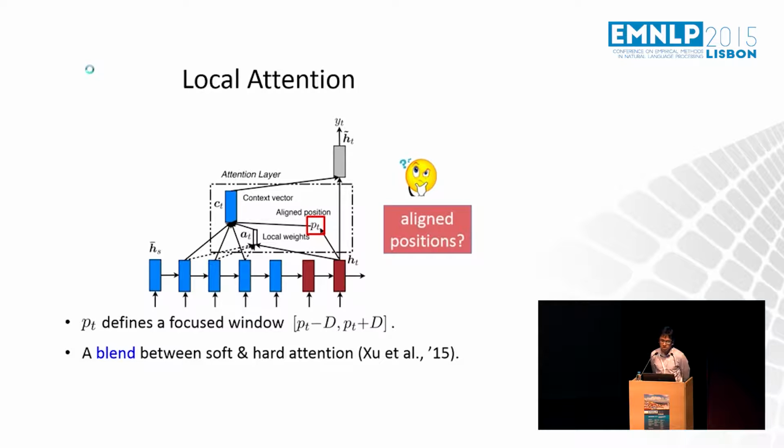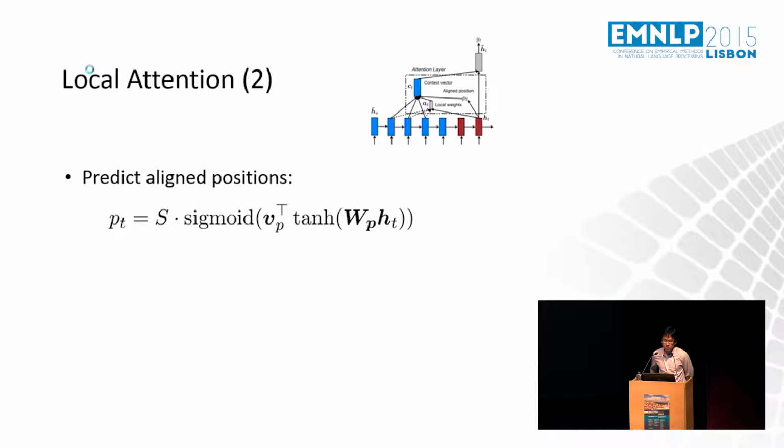So some of you might wonder, how do we get the aligned position PT? What we do is we actually try to predict it. So I have a small feed-forward network that generates values between 0 and 1 by means of a sigmoid. And from the value of that network, I multiply with the source sentence length S, which gives me real values between 0 and S. And this is where we have the aligned positions.